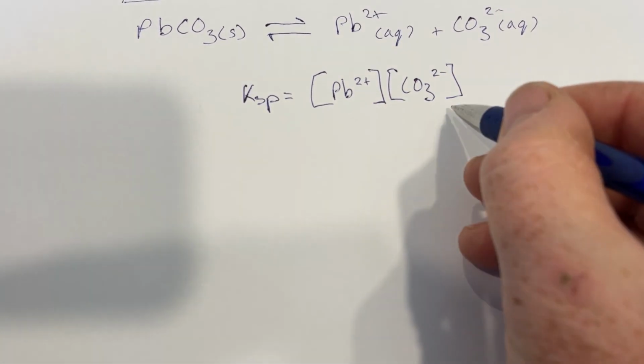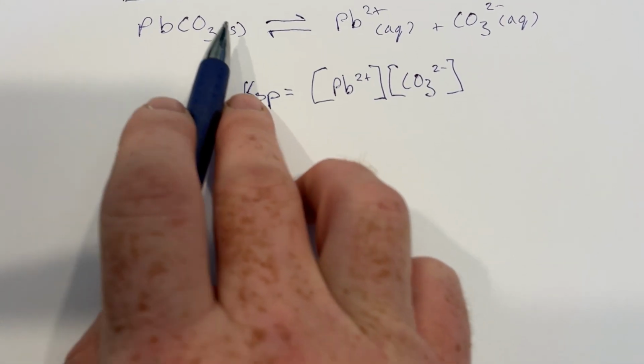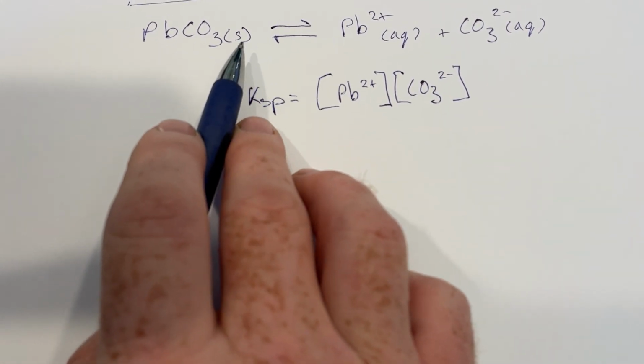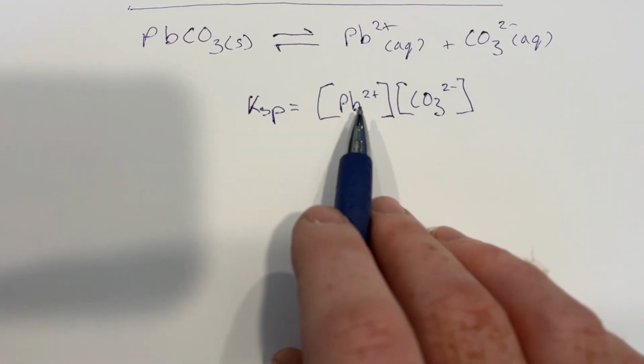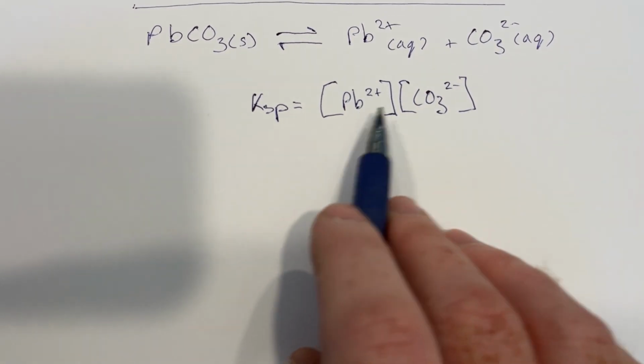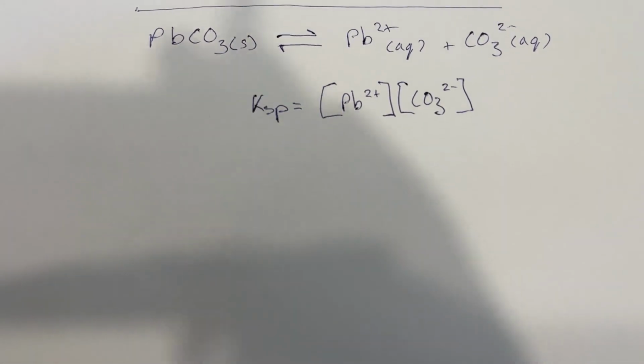Now you divide that by the reactant if it wasn't a solid. But because it's a solid, you've learnt that you leave solids out. So the Ksp is simply the concentration of the ions of the products multiplied by themselves, and in this one there are no coefficients, so I don't raise it to the power.